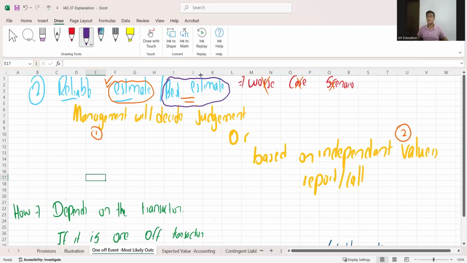Okay. Now you can ask who will be making the estimates. There are two people. One is your internal management. Number two is your independent valuers. How will your internal management make an estimate? For example, let us take the warranty. They are supposed to make an estimate for your current year. How they will make it is simple. They will look at the history of people claiming warranty for the past 3 to 5 years.